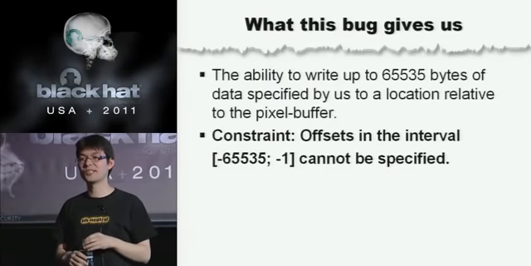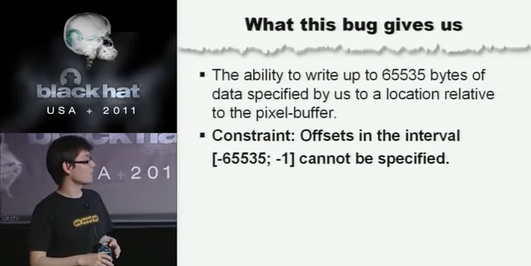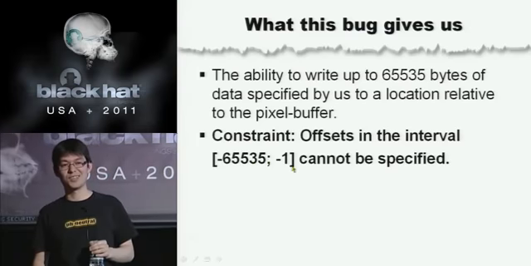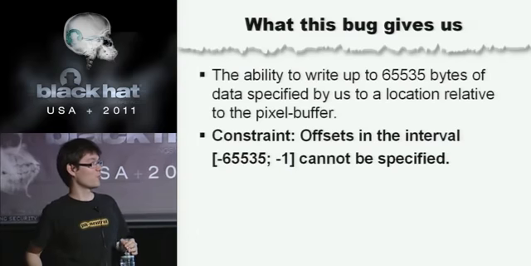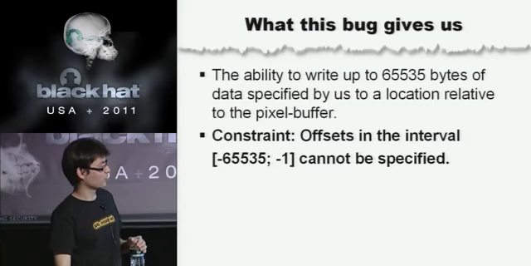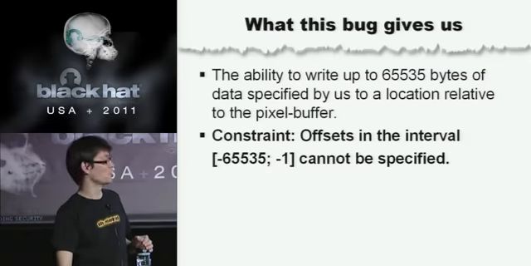If you look at the indexes, those were 16-bit. And when you do the math, you see that you can write to any place except for this offset. And that kind of sucks, because it turns out that what we want to overwrite is in this interval. Okay. So first thing I wanted to do was get past this limitation.